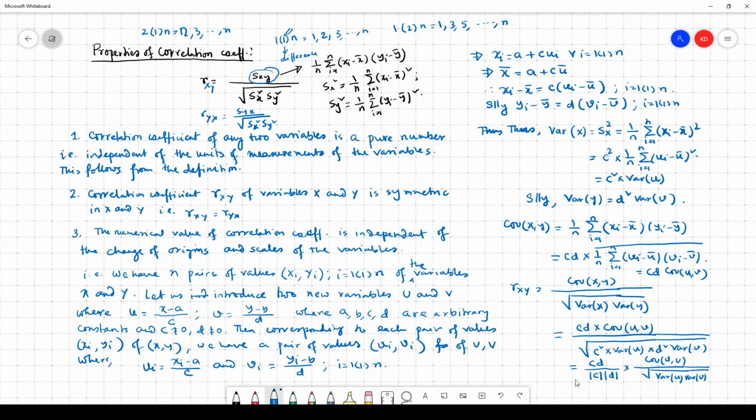So this is nothing but Rxy, which is equal to cd by mod c mod d into ruv.